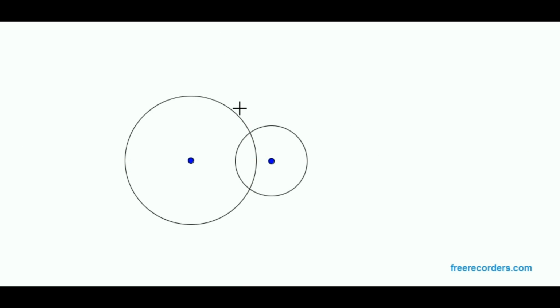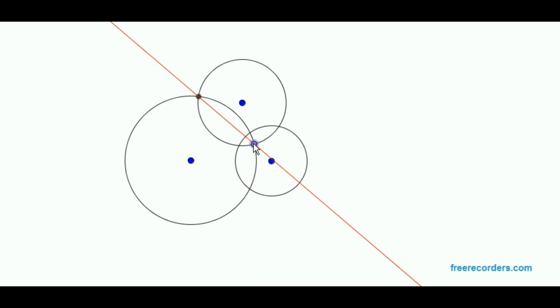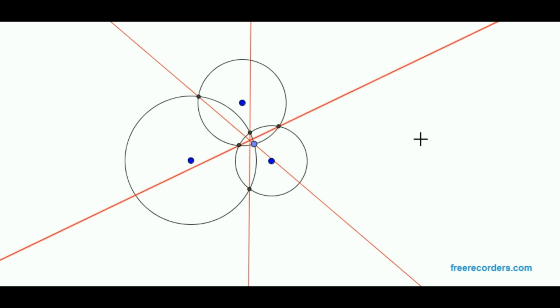Another theorem, which is maybe not so well known, is that if we have three circles that mutually overlap, and we draw the common chords between each pair of them, they always meet at a point.